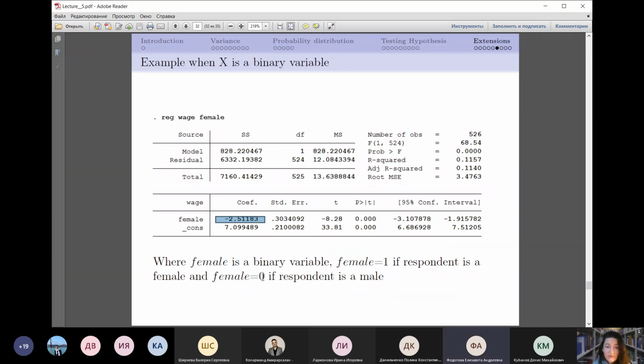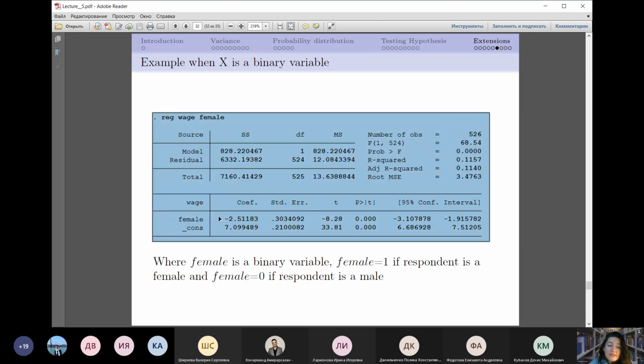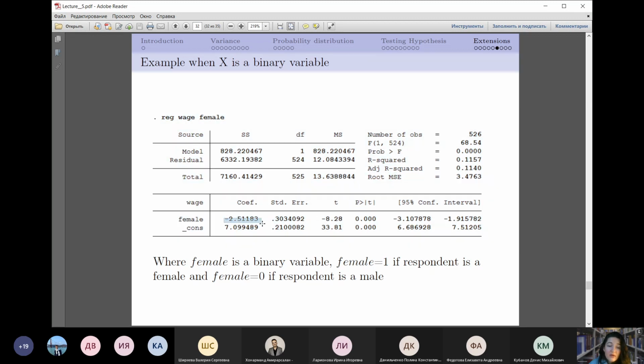Okay, all understood. Your interpretation should compare your coefficient within two groups. In this case, we compare the wage of females, and we find that this wage is statistically significantly lower by this value than the wage of males.